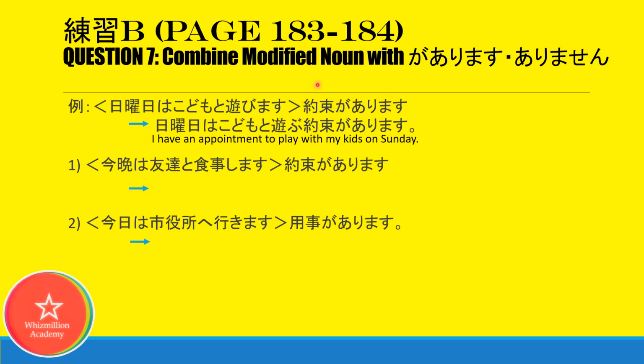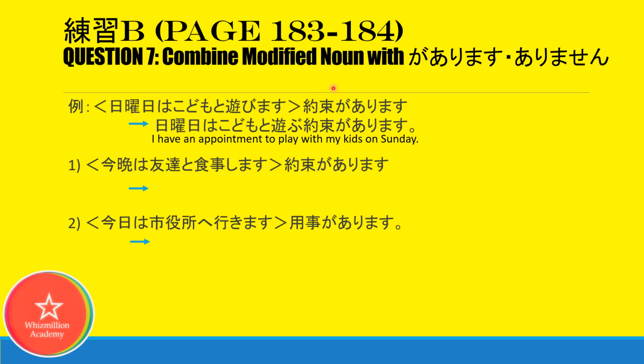have not yet modified the noun. Over here the noun is acting like an object, so it's like I have an appointment. That is the second sentence. Only after combining the first sentence and the second sentence, we modified the noun. So now I have an appointment, not just any appointment, but the appointment that involves playing with my kids on Sunday.